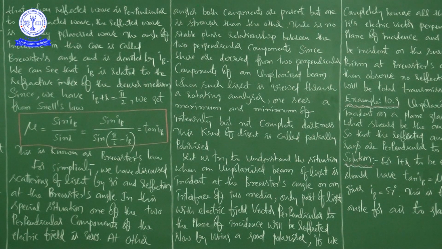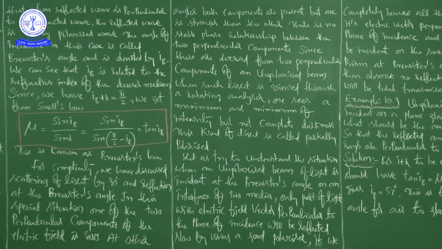Complete darkness means no light is coming out; the transmitted, or emergent, light is 0. Light is not transmitting through the Polaroid, as simple as that.